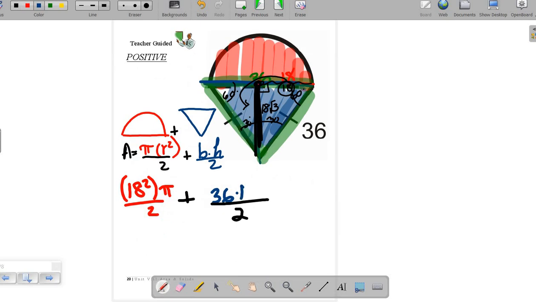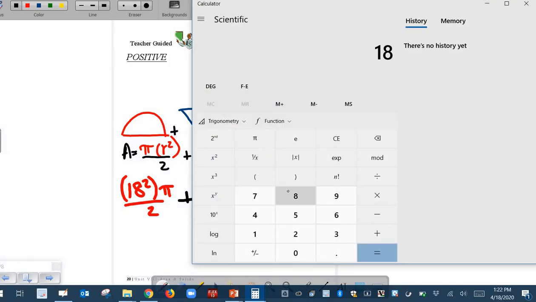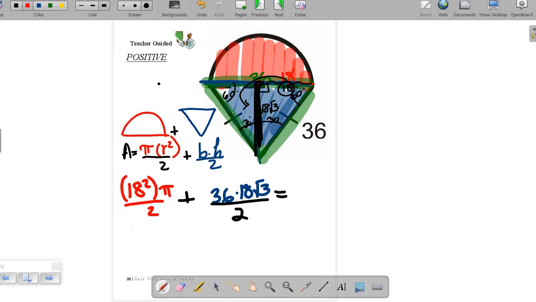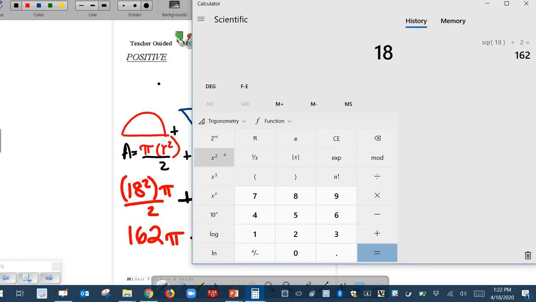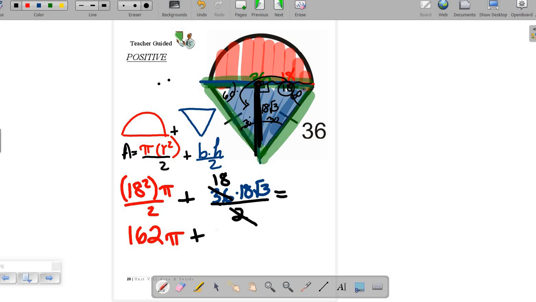So my height here is 18 root 3. 18 squared divided by 2, and I get 162 here on the left, 162 pi plus 2 goes into 36 18 times, so that's 18 squared again. 324. So it's 324 root 3.